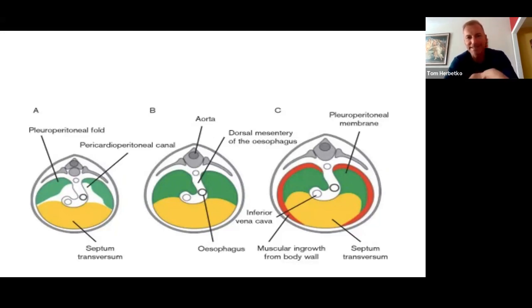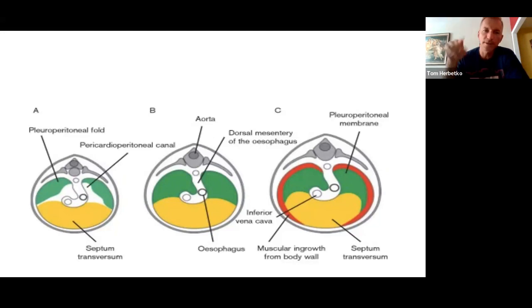And finally, there is the muscular ingrowth. The muscular ingrowth comes from the somites, also C3, C4, C5. And what happens is that it starts as a very small, thin fiber, and then it keeps expanding until it covers most of the diaphragm, taking over the pleural peritoneal membrane and just keeping the central tendon there.